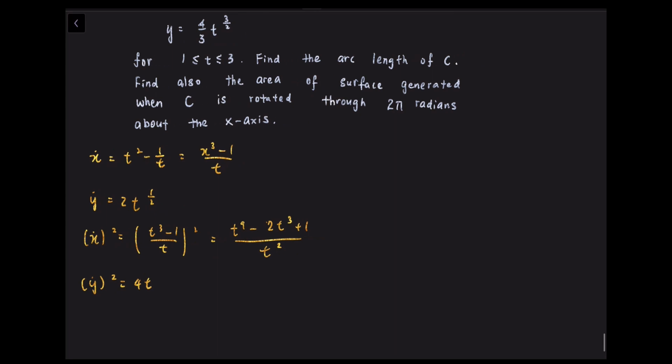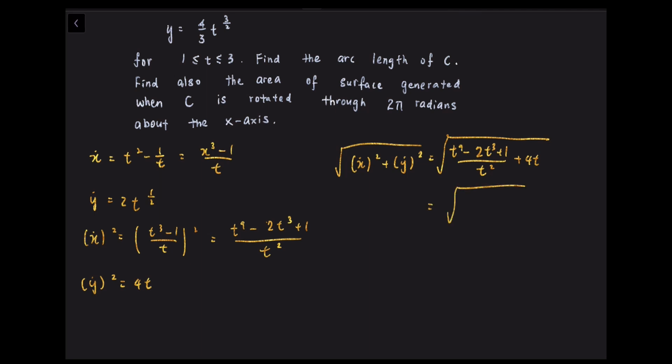Performing the root extraction of the sum of the two squares of the derivative, we have square root of x dot squared plus y dot squared equals square root of t to the 9 minus 2t cubed plus 1 over t squared plus 4t, making it into a single fraction, which is the square root of t to the 9 plus 2t cubed plus 1 over t squared.